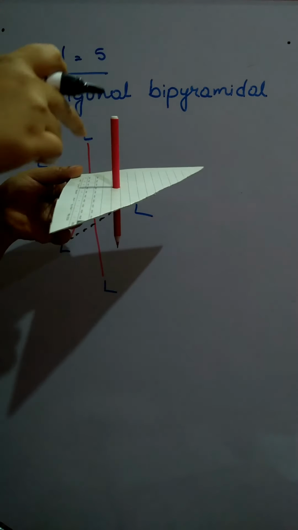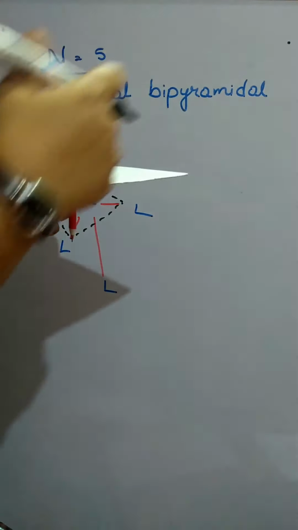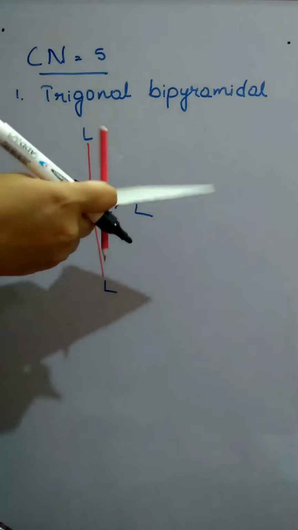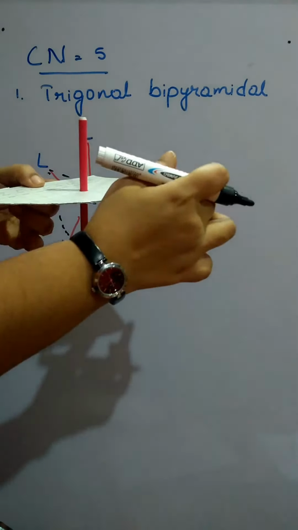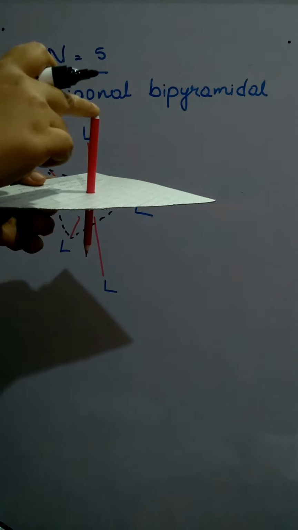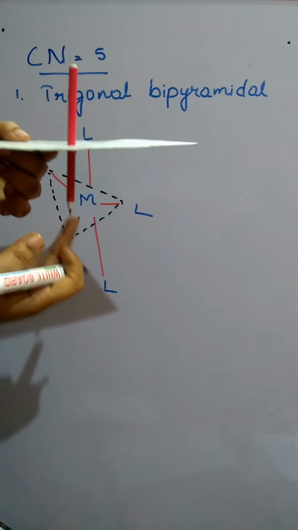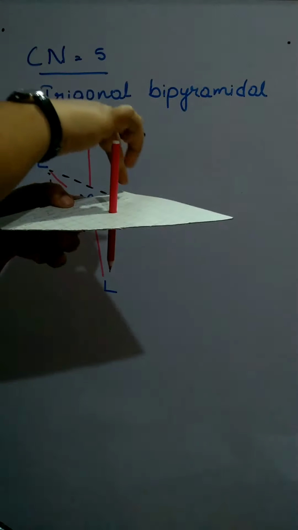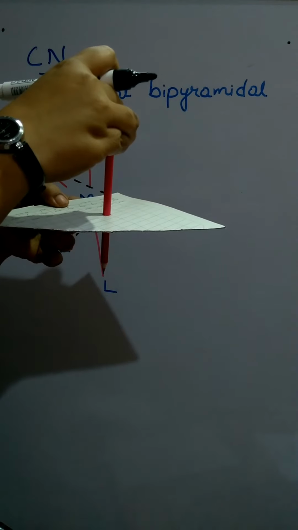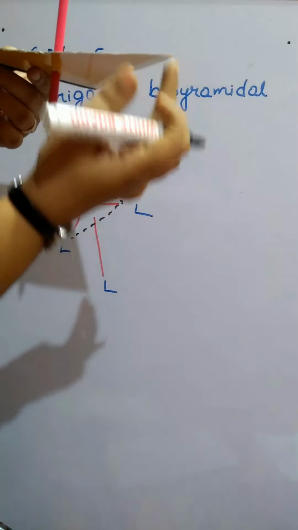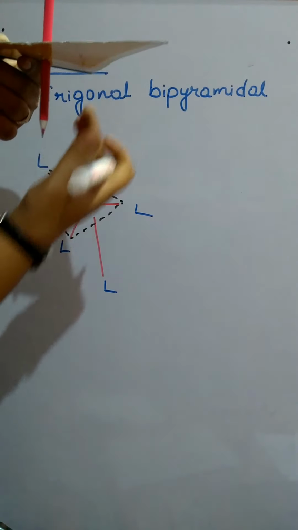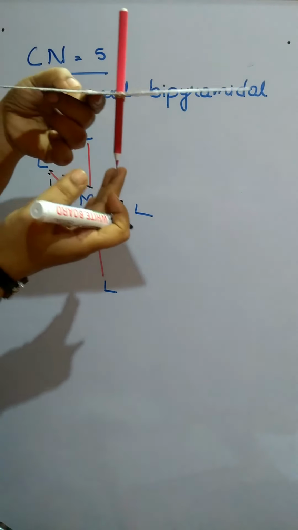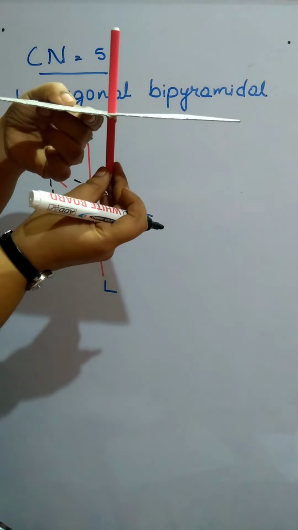If you are joining all these points, it is going to form a pyramid. This is one ligand, this is one more, this is one more: three ligands in a plane, then the fourth one and the fifth one. Joining these forms one pyramid here. Likewise, if it is joined from this side, it forms one more pyramid.